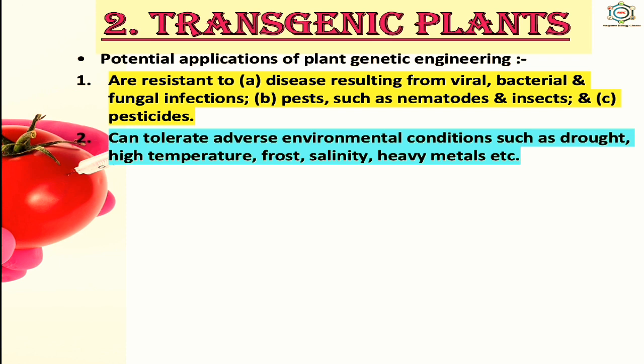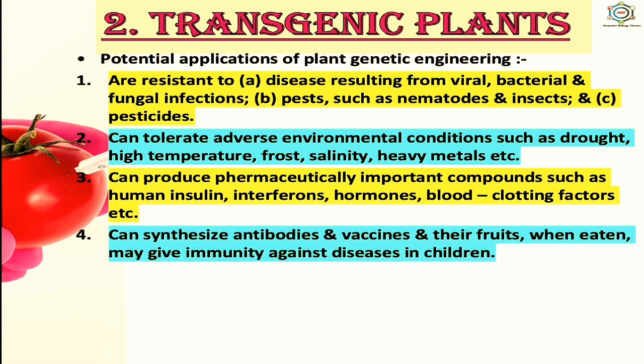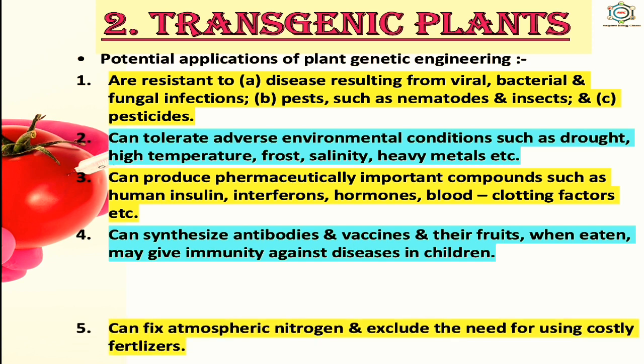They can tolerate adverse environmental conditions such as drought, high temperature, frost, salinity, heavy metals, etc. They can produce pharmaceutically important compounds such as human insulin, interferons, hormones, blood clotting factors, etc. They can synthesize antibodies and vaccines, and their fruits, when eaten, may give immunity against disease in children.